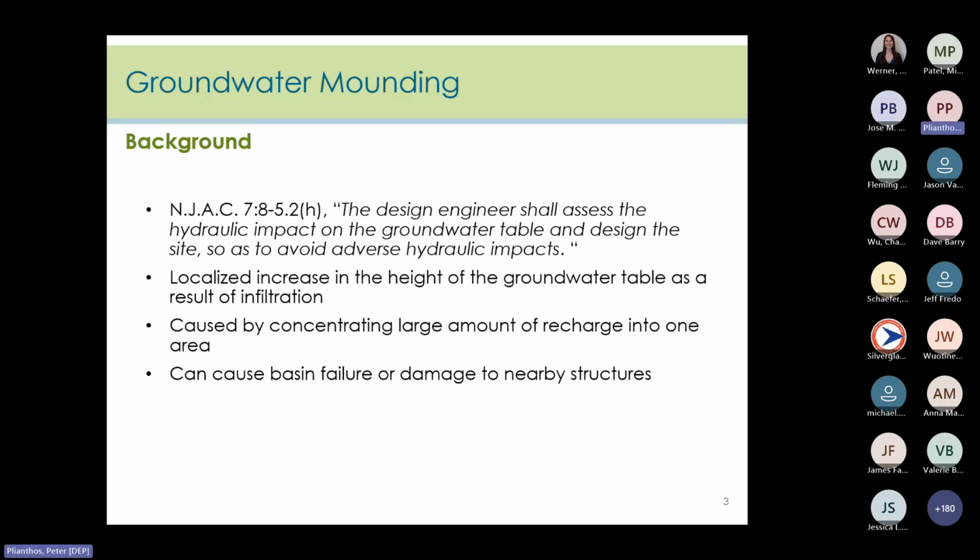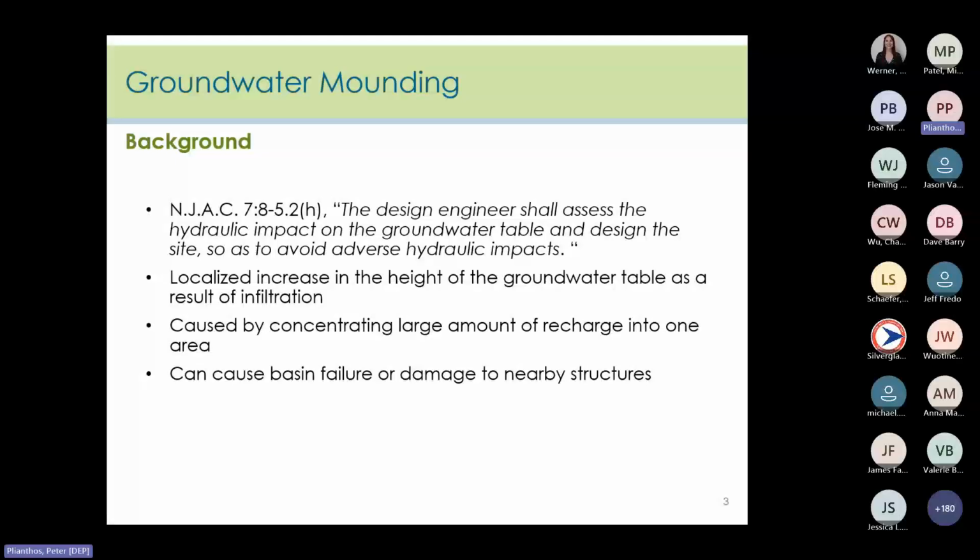The rules require we assess the hydraulic impact of the proposed development on the groundwater table and design the site to avoid adverse impacts. In order to describe what is an adverse impact, let's take a look at what happens when we infiltrate stormwater. Below the surface, the groundwater table rises locally, and then it needs some time to spread out before returning to stasis.